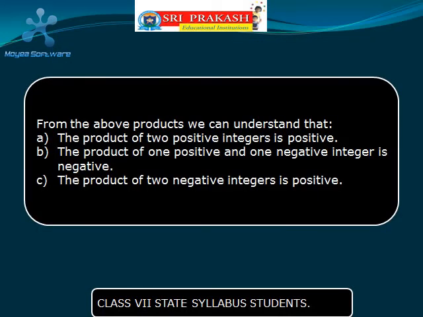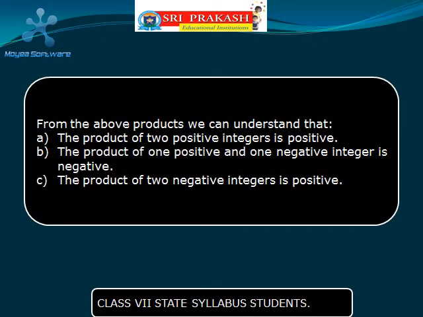From the above products, we can understand that the product of two positive integers is positive. Let me repeat. The product of two positive integers is positive. The product of one positive and one negative integer is negative.